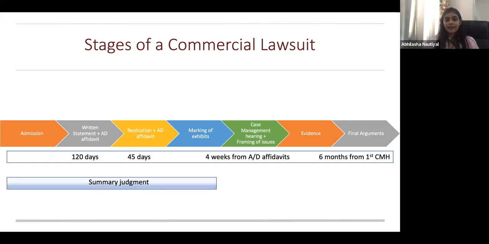An application seeking summary judgment in a commercial dispute can be filed anytime before framing of issues. So if this is a tool that you want to use, you have to be wary of the timeline, and the exact requirements of in what cases a summary judgment can be granted is provided under the amended Rule 13A, the newly introduced 13A by the Commercial Courts Act.